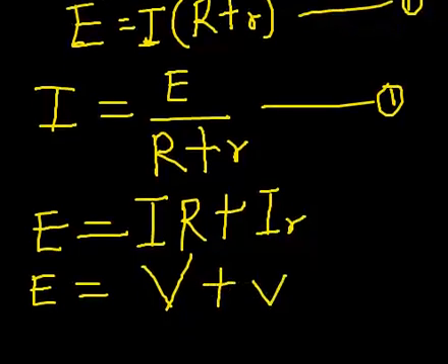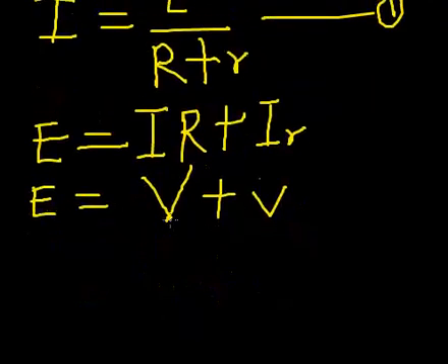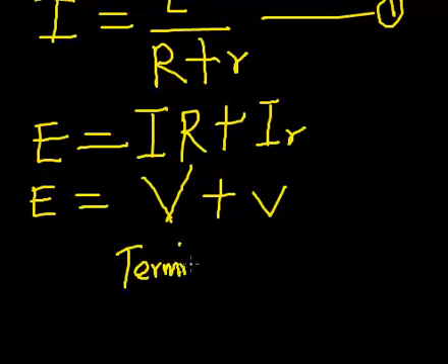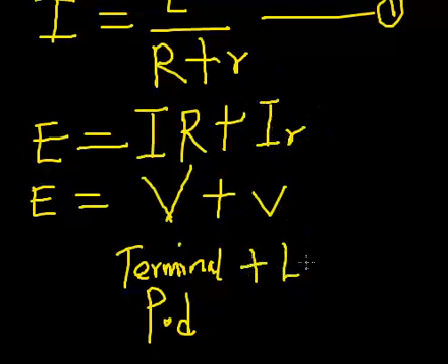That means the EMF will supply voltage. The one that's supplied to the external resistor, we call terminal voltage, or terminal PD, terminal potential difference. The one used for the internal resistance, used to overcome the internal resistance, is what is known as lost volts.